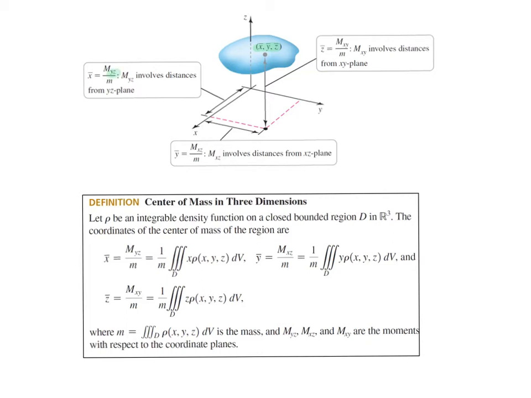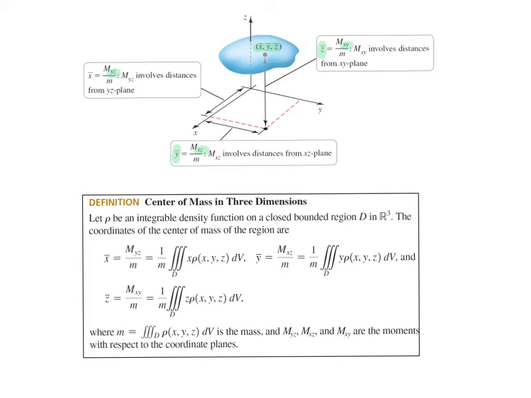So it's a m sub yz. The y bar would be the moment with respect to a distance from the xz plane. The z bar would be a moment with respect to the distance from an xy plane.